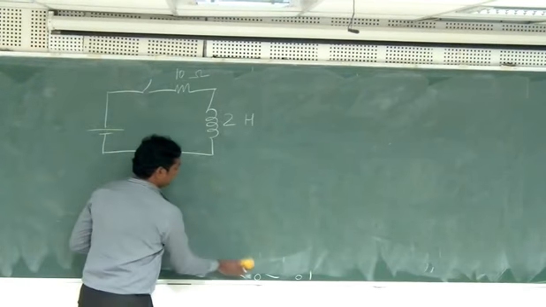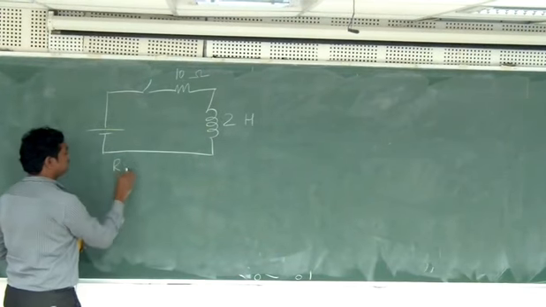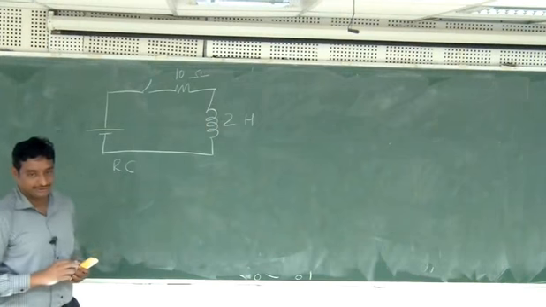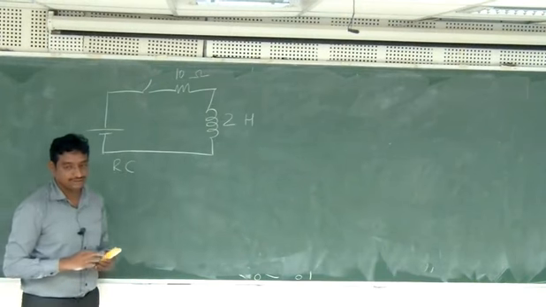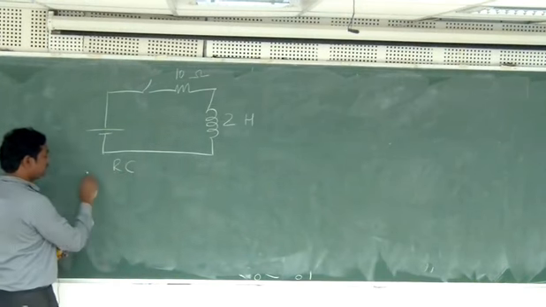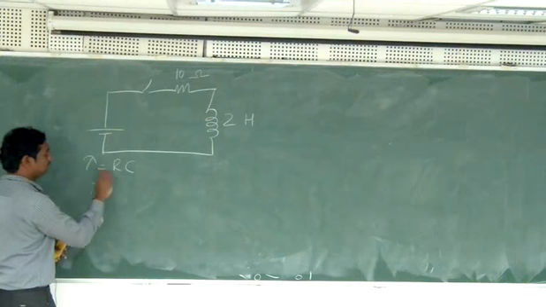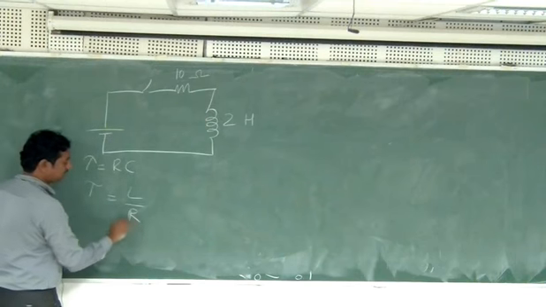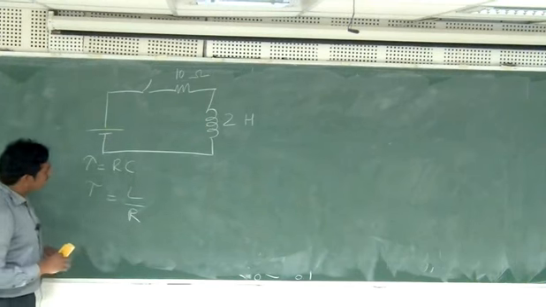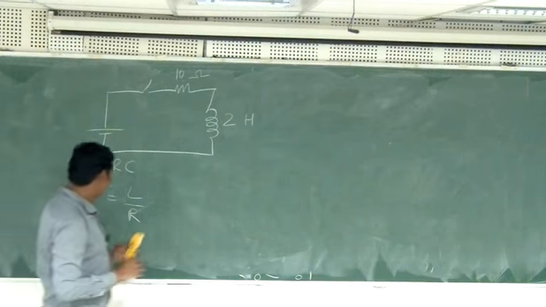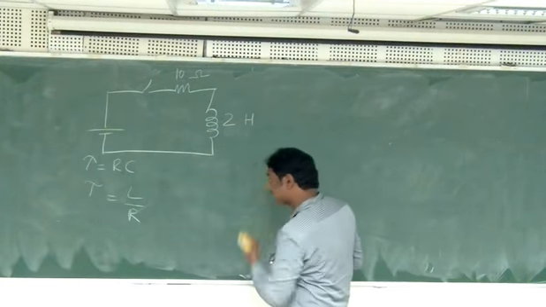Okay, so the RC time constant is nothing but R into C. But in this case, what is the time constant? So the time constant tau is L by R. Is that correct? Let's verify it.